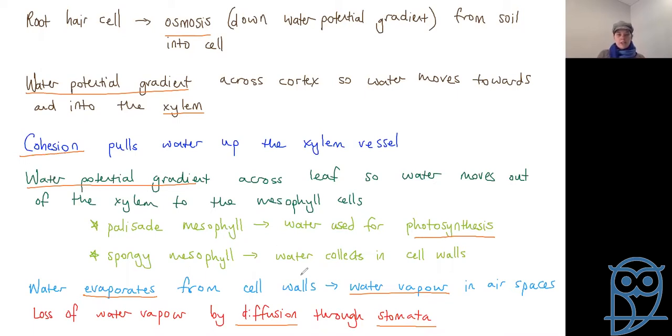So because there's so much interesting going on here in the leaf, I just want to look at that in a bit more detail. So in our leaf, we're going to have to draw a quick leaf here. This, of course, is not how you would draw a leaf if you were drawing it for an exam. You would take a lot more time and be a lot more particular.